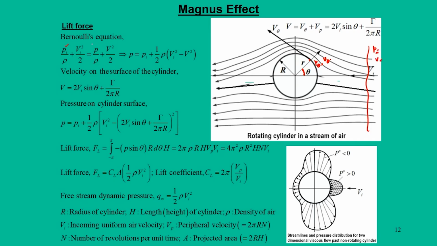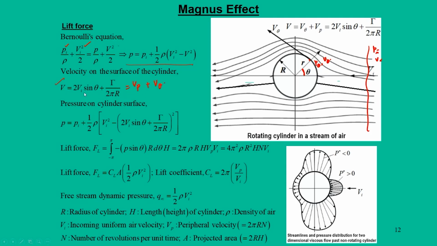So, these equations are applied here. We find v at any point on the surface, and we know what v is, because it is a rotating cylinder in a stream of air. So, v is equal to twice v infinity sin theta plus circulation by twice pi r, the addition of the circulation velocity, giving the velocity on the surface v theta.